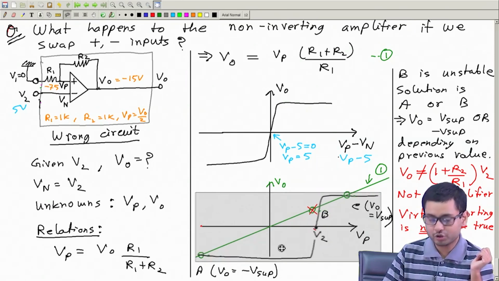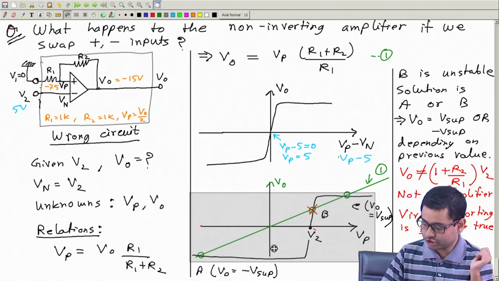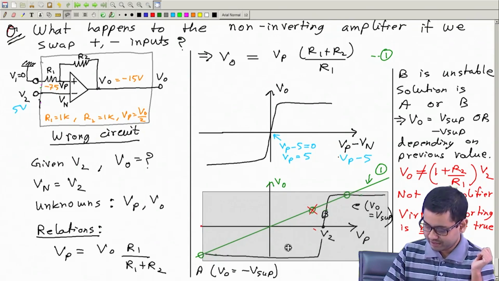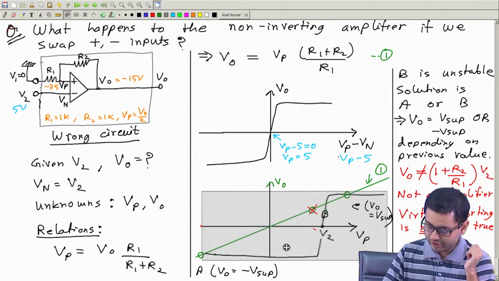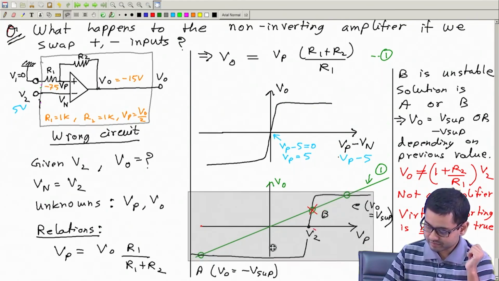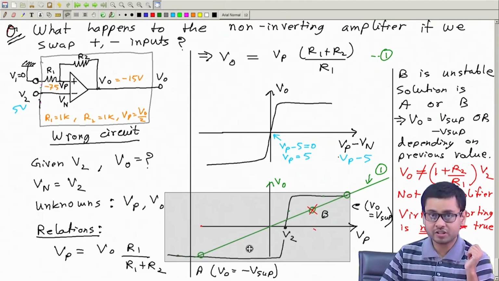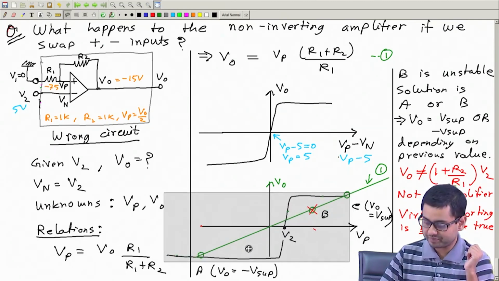You can see how the solution changes. If I increase V2, point C is not changing, neither is point A. If I decrease V2, point C and point A are not changing. The solution will remain the same.